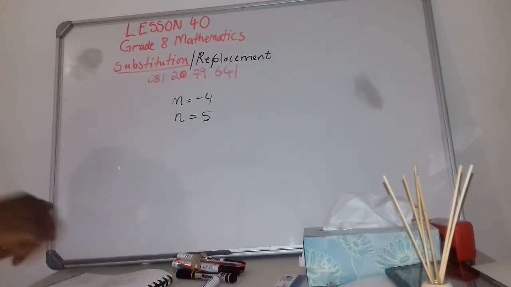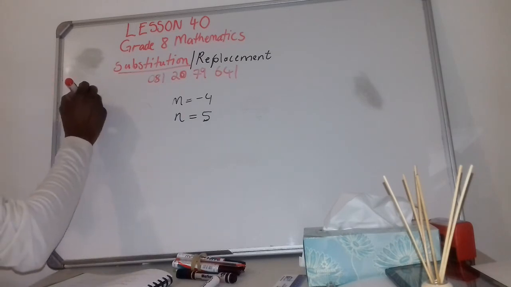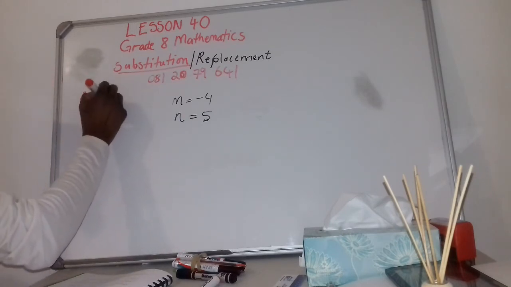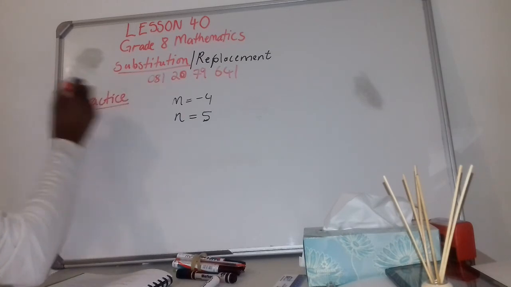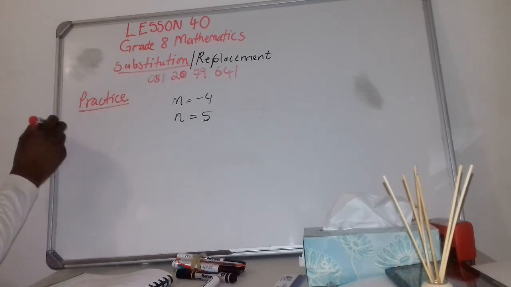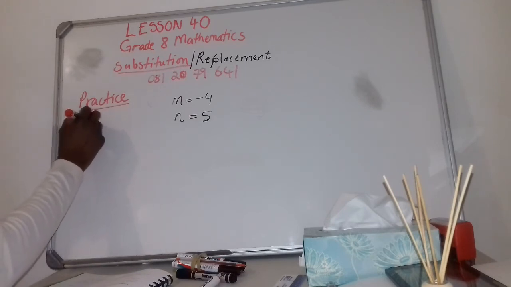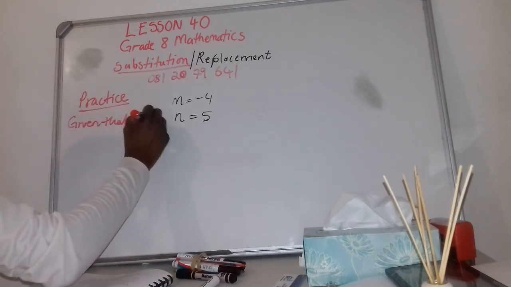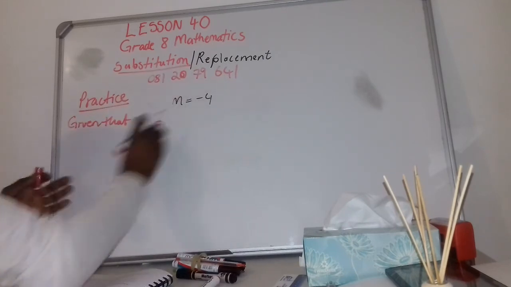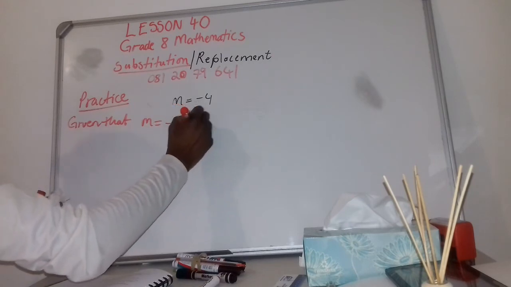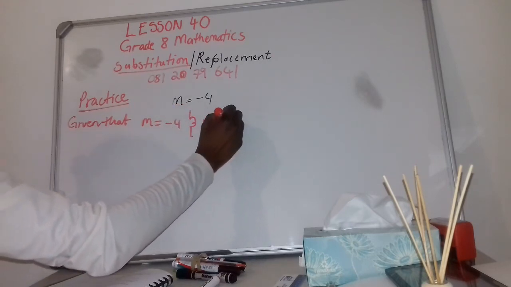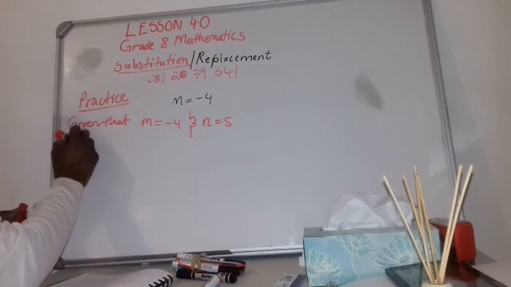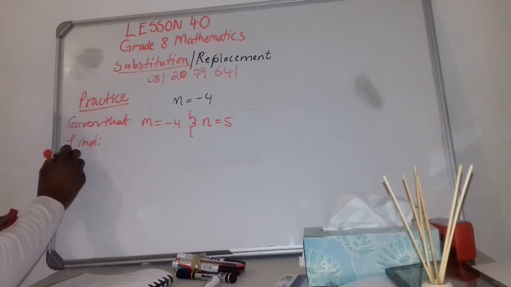This is your work to practice. So go and practice. Given that m is equal to negative 4 and n is equal to positive 5, find the following.